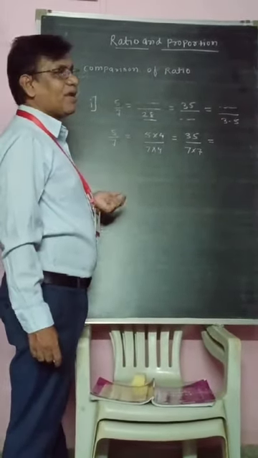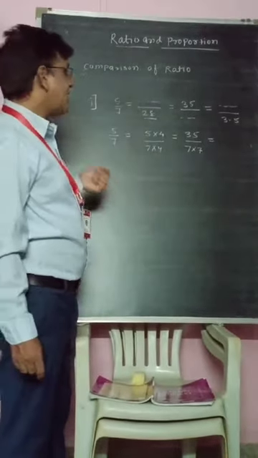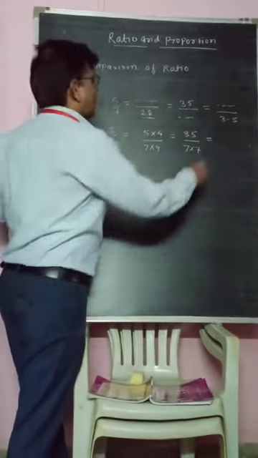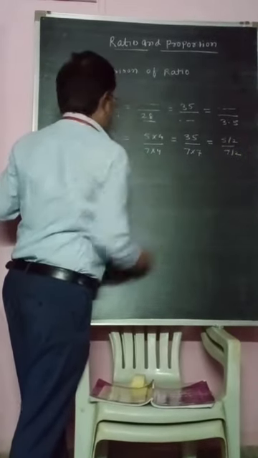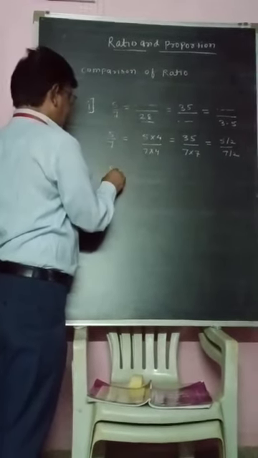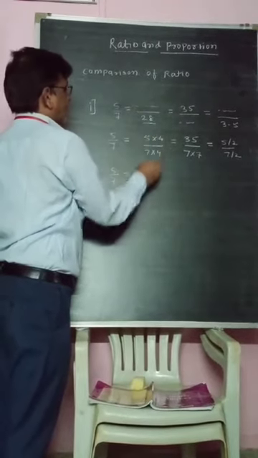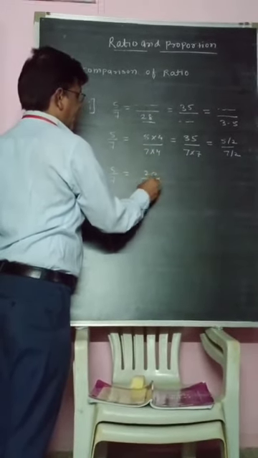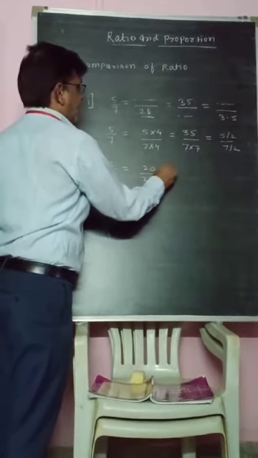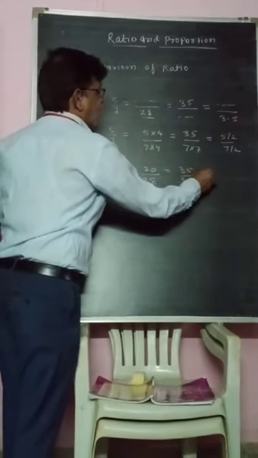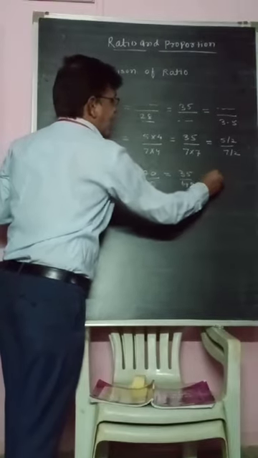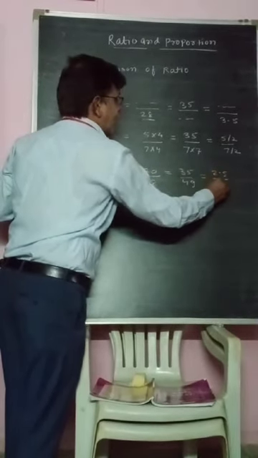So you have to multiply the numerator and denominator by 1 by 2, dividing by 2. Then 5 by 2 upon 7 by 2. So 5 by 7 is equal to 20 by 28 is equal to 35 by 49 is equal to 2.5 upon 3.5.